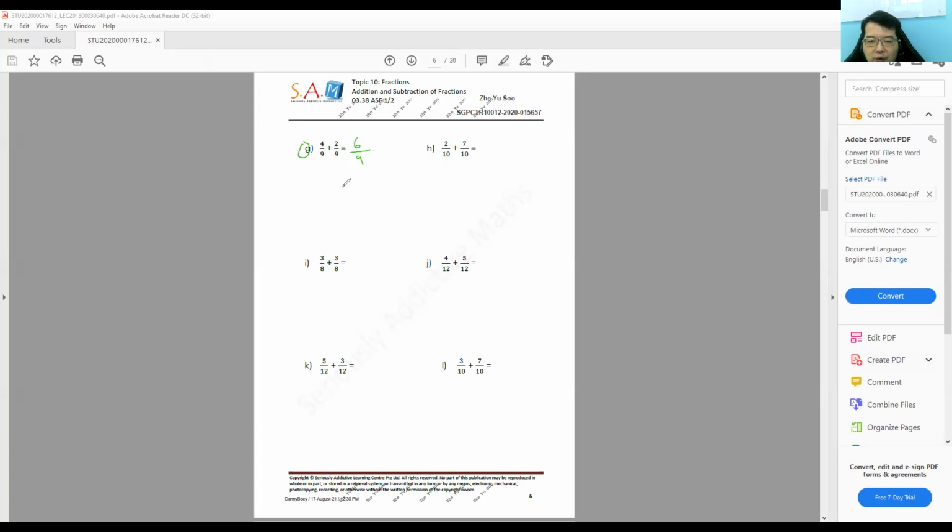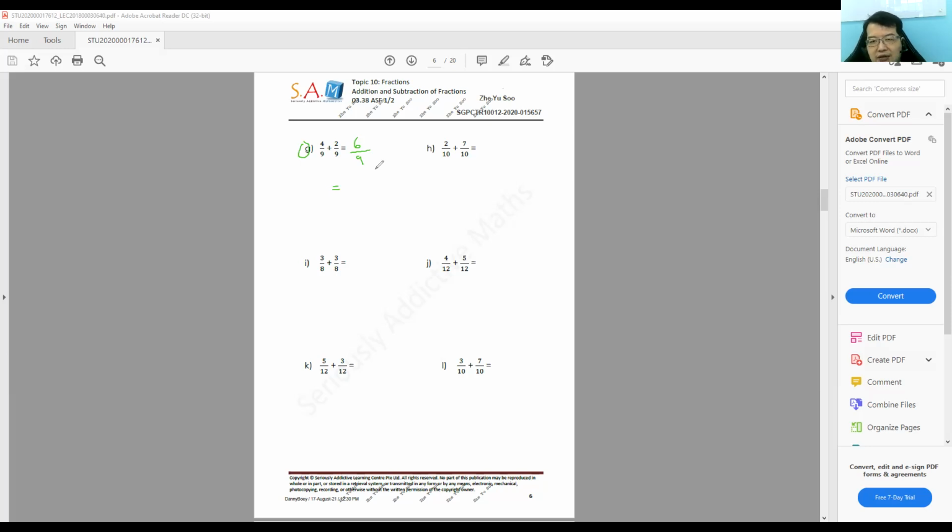Now remember that we always have to simplify it. Is 6 out of 9 the simplest form? No, it is not. So how do we find out the simplest form? We have to divide the denominator and the numerator by the same number.